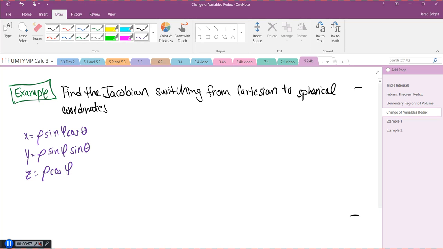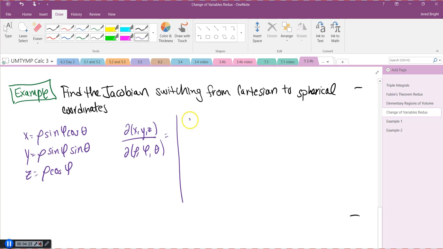So then when we take the partials, this one isn't as pretty, but we're going to do it and build some character, with respect to rho, phi, and then theta. Again, just remember we can always reverse those. So everything with respect to rho first.